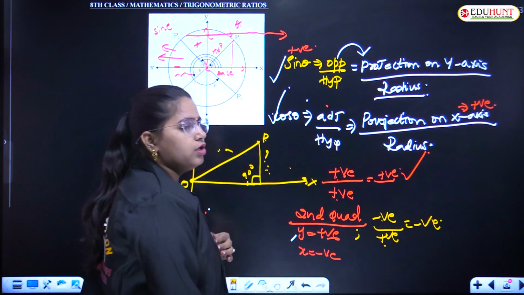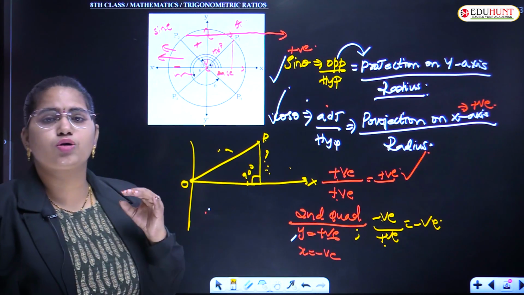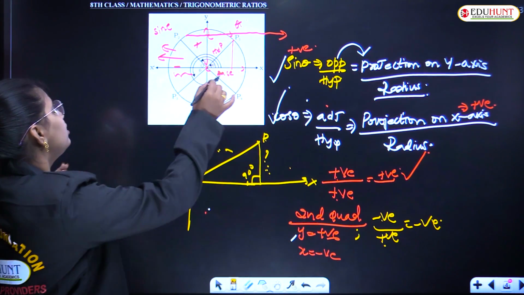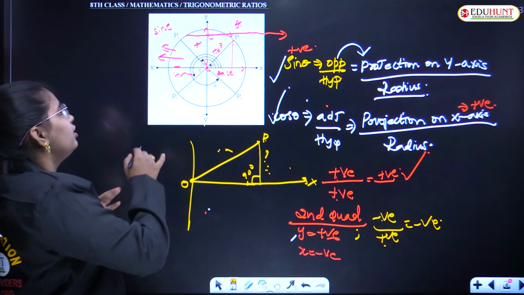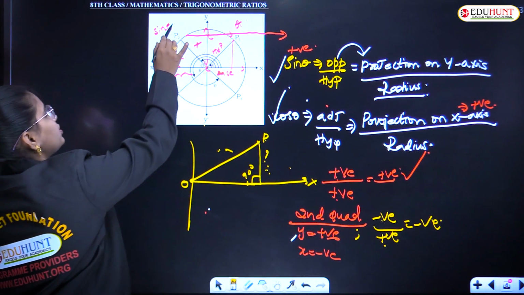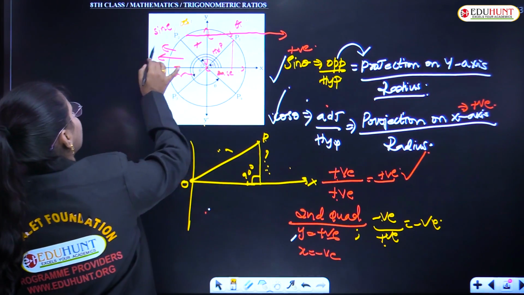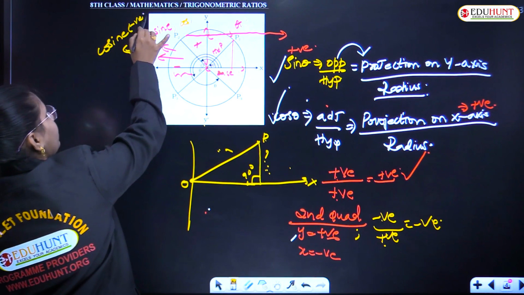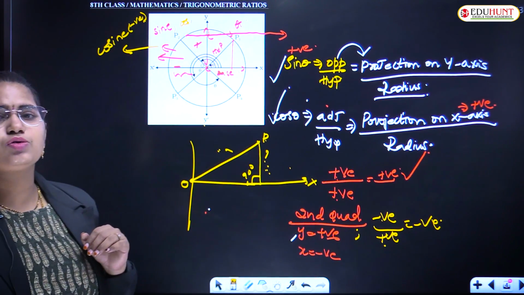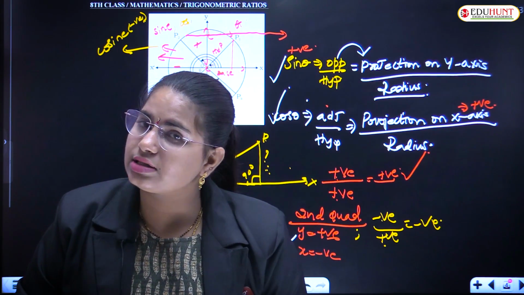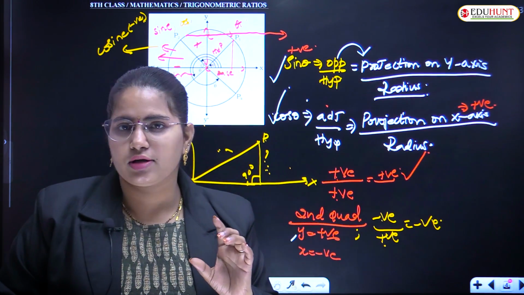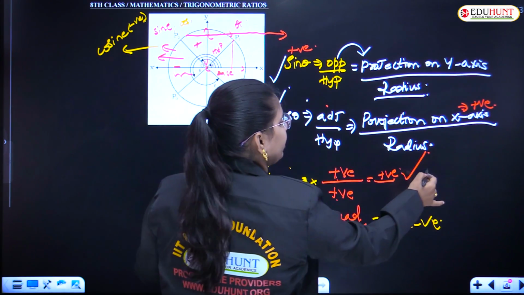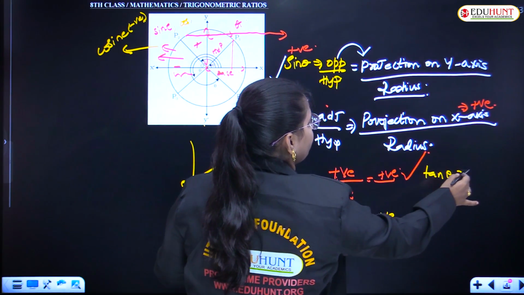So cos theta is negative in the second quadrant. Sine is positive, cosine is negative. So what happens to tan? Tan is defined as sine upon cos.